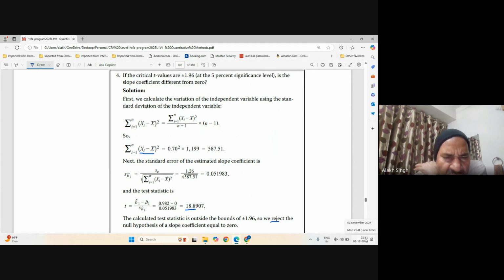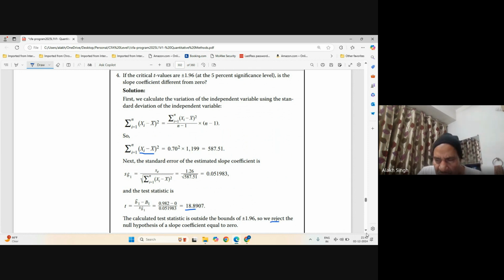So what was to be learned here? How to calculate the standard error of beta 1 hat. We have the standard error of the entire model, and we need to calculate the standard error for beta 1 hat. So it is the model standard error divided by the square root of sigma xi minus x bar, whole squared. We studied this earlier, but the software will anyway calculate it for you.